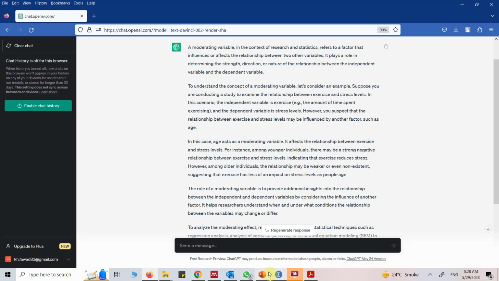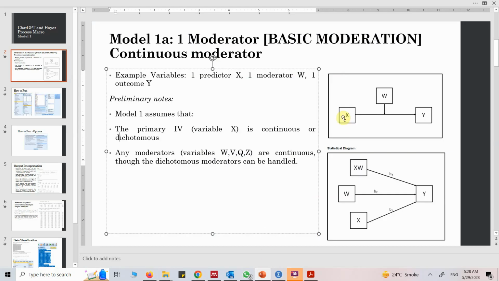Now if you come back here, I've got a variable X and then I've got a variable Y, and W is my moderator because it's affecting the relationship between X and Y. It's not affecting X, it's not affecting Y, it's affecting the relationship between X and Y. It can either strengthen this relationship, weaken the relationship, or altogether change the relationship.